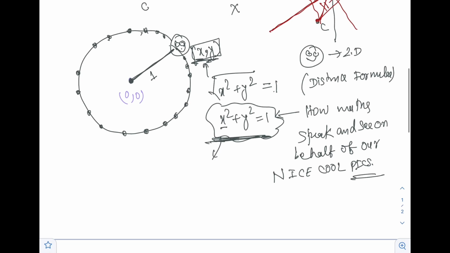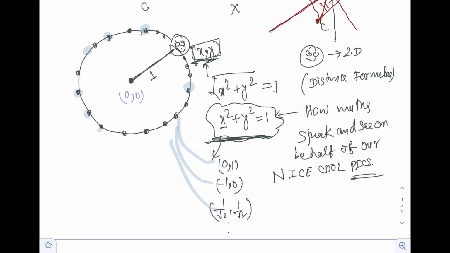So when I say x square plus y square equals 1, algebraically (0, 1) satisfies this, (-1, 0) satisfies this, (1 by root 2, 1 by root 2) satisfies this, and there are infinitely many solutions, right? So all those solutions you can see over this circle. All these points belong to the circle family.